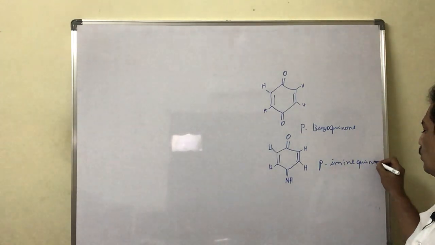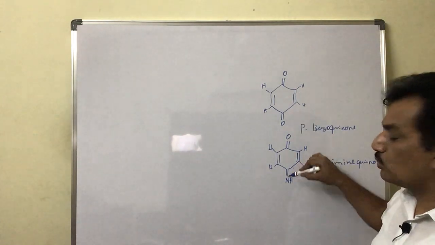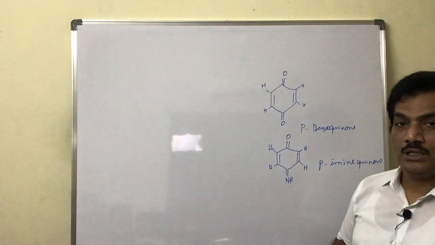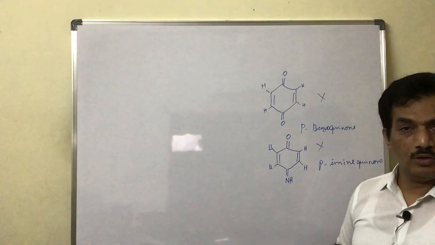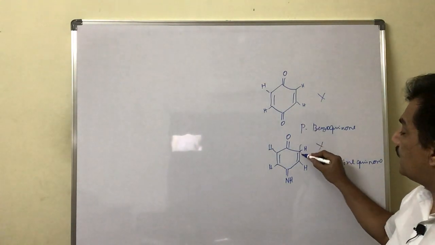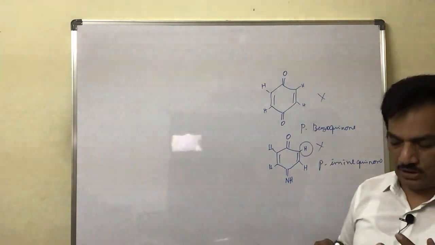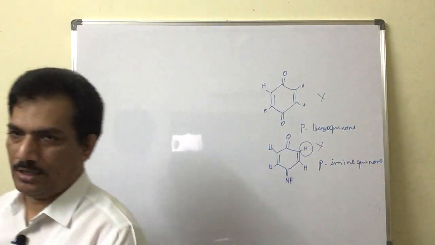Imine quinone. In these 2 cases, even though the 2 conditions are obeyed by the compound, they are unable to exhibit tautomerism. Do you know the reason? It is because of restricted migration of the hydrogen. There is no labile hydrogen, simply we can say.